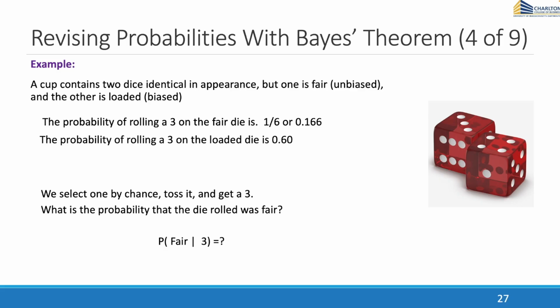We select one of the dice by chance, we toss it and get a 3. What is the probability that the die rolled was fair? So we are looking at finding this conditional probability. What is the probability of being fair, knowing that we already got the 3 when we tossed the die?